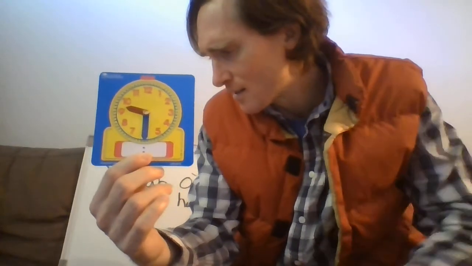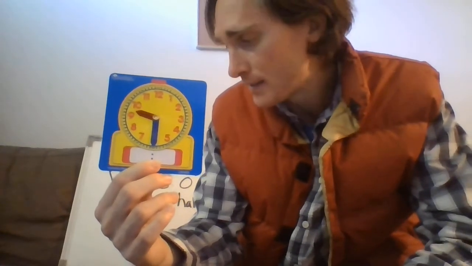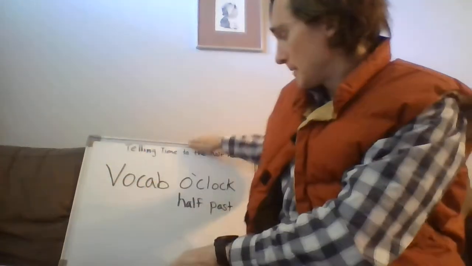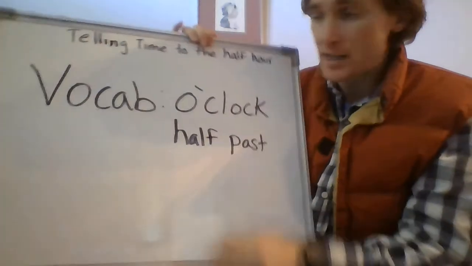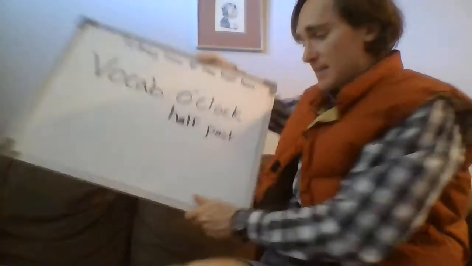It's not pointing at any number. Now the hour hand is between the 9 and the 10. It has gone past 9. This means that it is half past 9.